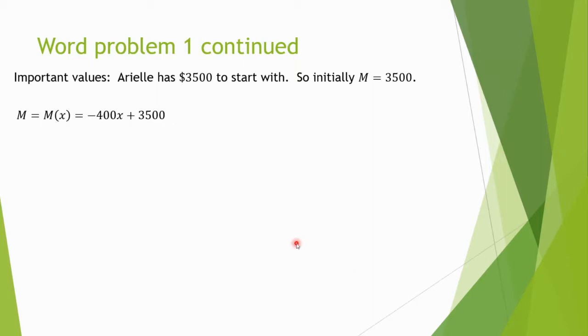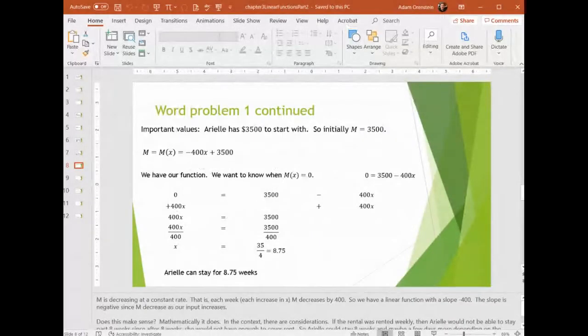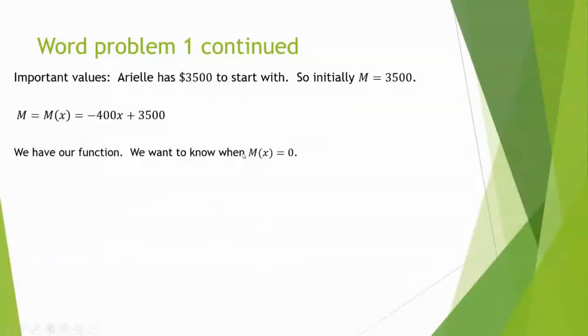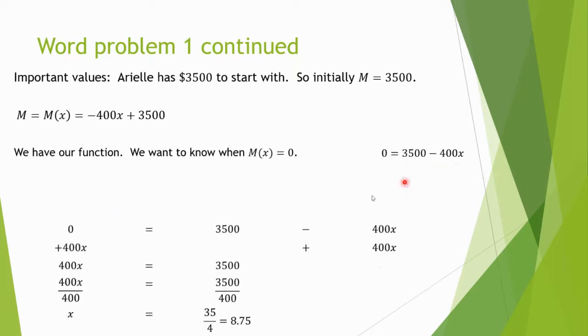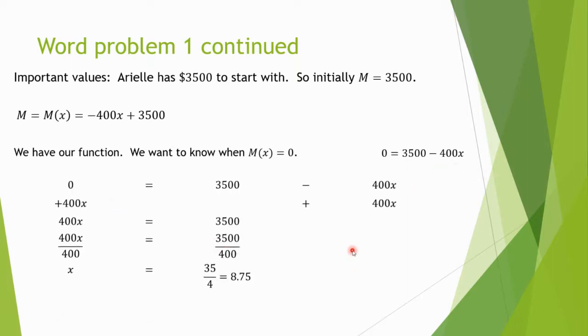Now what we want to do next is somehow know when M is 0. In other words, we want x so that M of x is 0. How do we do that? We set M equal to 0 and solve for x. It's basic algebra, and that's what I'm doing here.